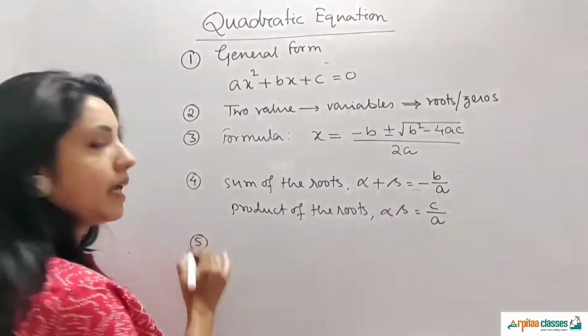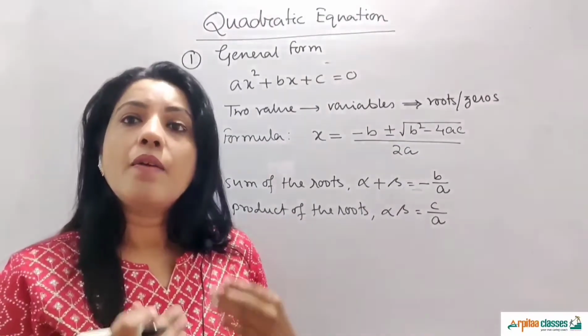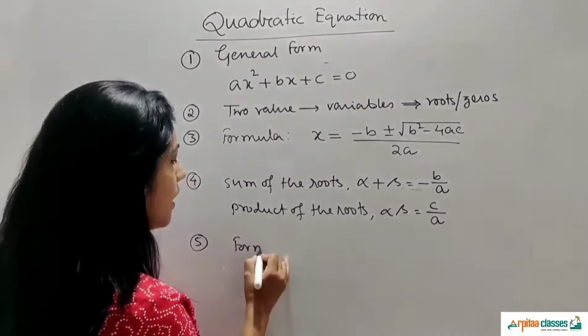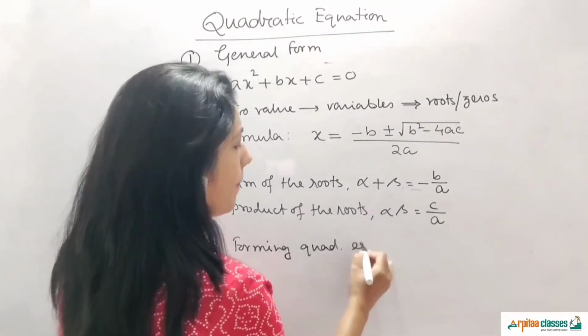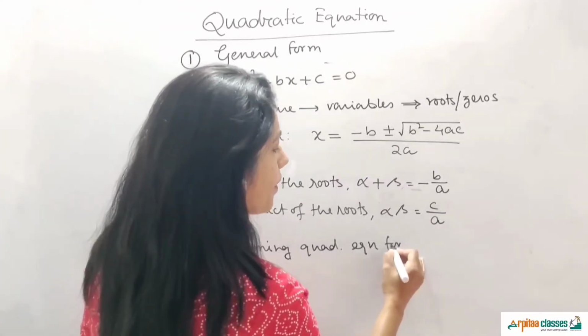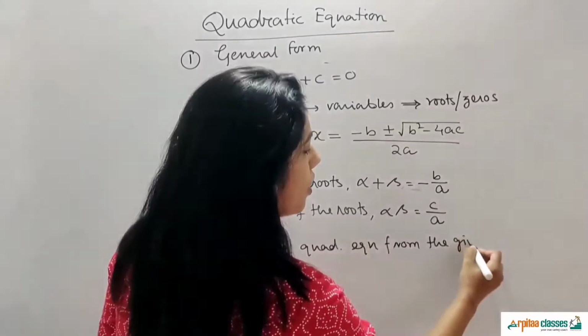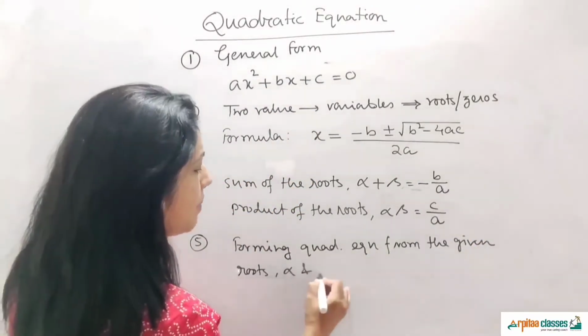Fifth point is, if we have been given two roots of the quadratic equation, we can form the quadratic equation. That is, forming a quadratic equation from the given roots alpha and beta.